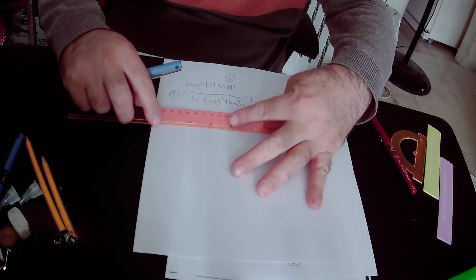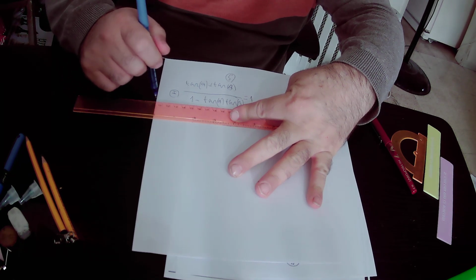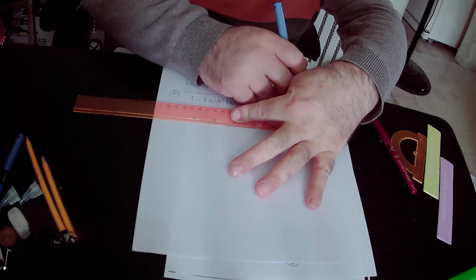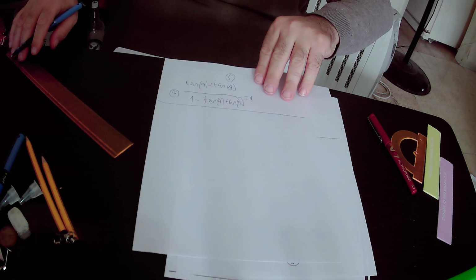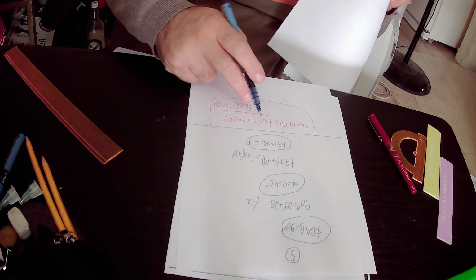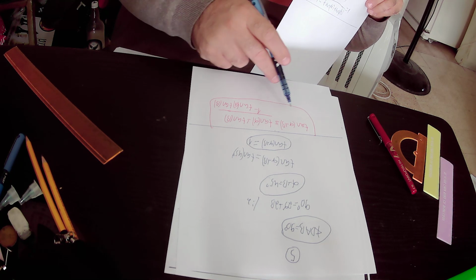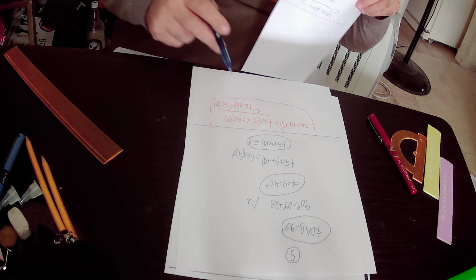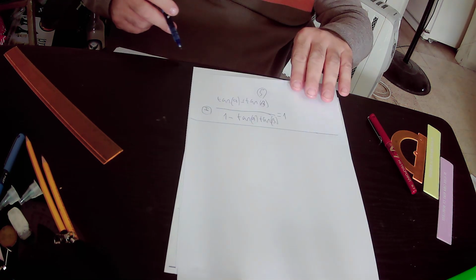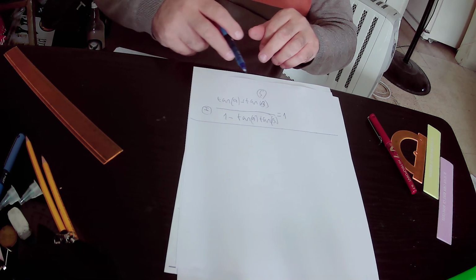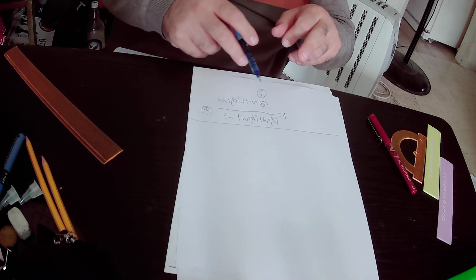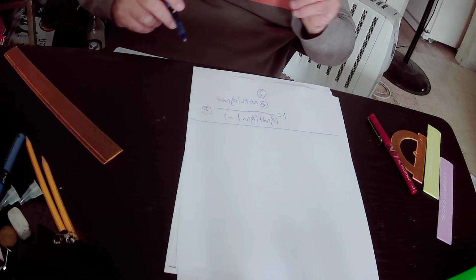Again, we substituted tangent of alpha plus beta in this equality by this expression because tangent of alpha plus beta equals this expression. And we got that tangent alpha plus tangent beta over 1 minus tangent alpha times tangent beta equals 1. Okay?